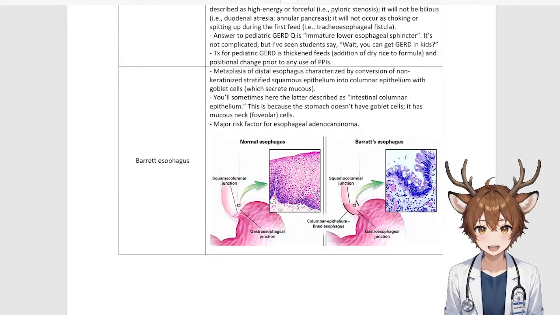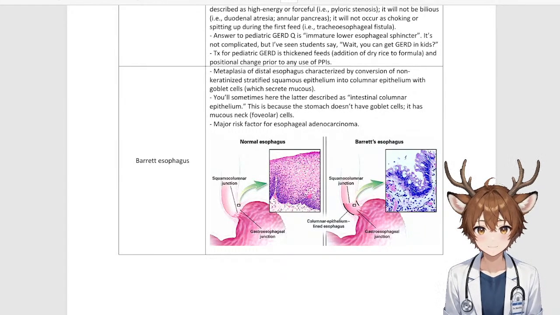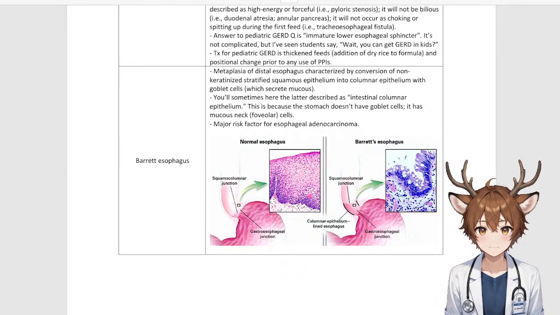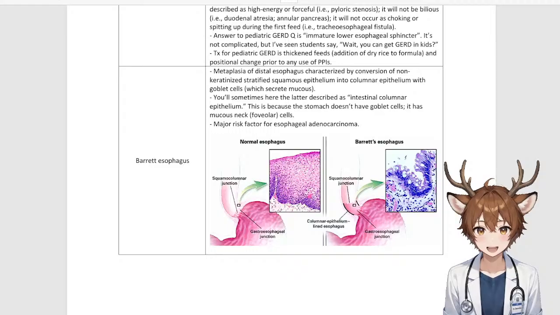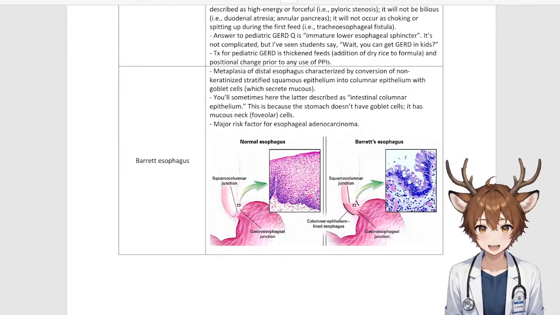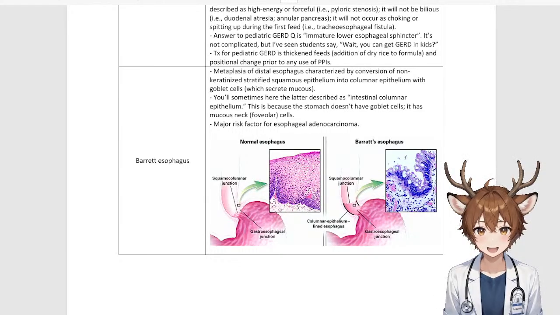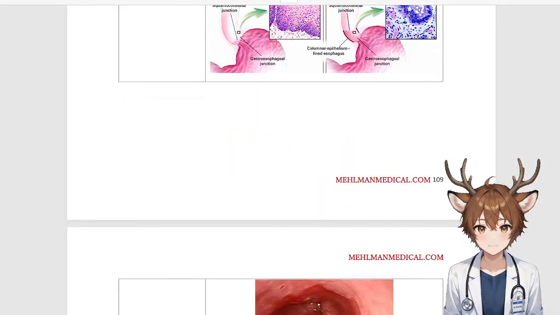It looks like intestinal epithelium, and so that's kind of uncharacteristic. Just bear that in mind. It's because of the new environment from all this gastric acid popping up. It causes this metaplastic change as a way to theoretically accommodate. But that process of metaplasia eventually leads potentially to cancer. So bear that in mind.